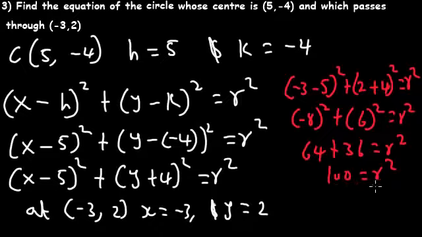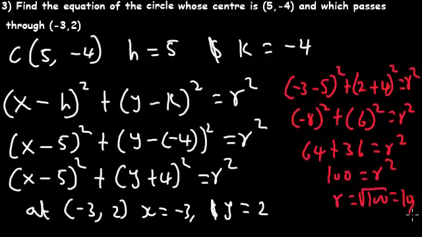Now at this point, we can take the root of both sides, and eventually r becomes the square root of 100, which is 10. Plus or minus 10, but just go with 10. And that is the value of r.